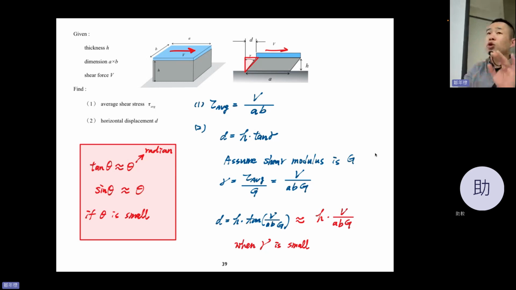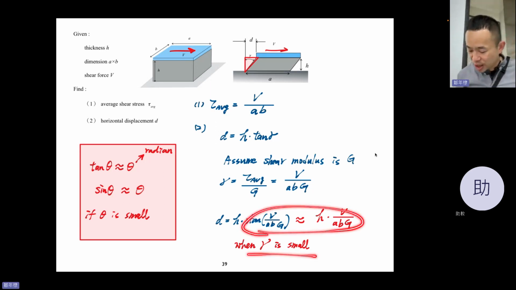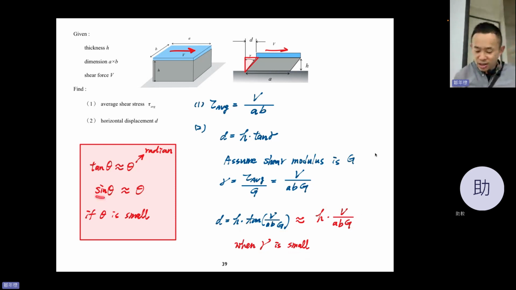When you talk about shear stress and shear strain, the shear strain is an angle, right? The angle is really small, and then you can use that concept. So all we need to know is that when gamma is small, tangent can be neglected, sine can be neglected.